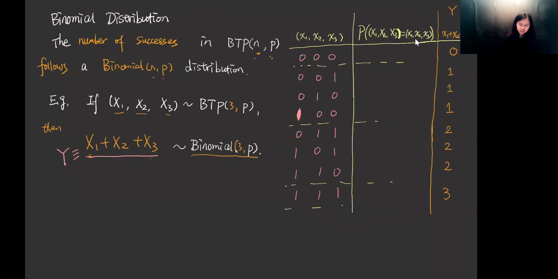On the previous page, we obtained that the probability that the Bernoulli process is 0, 0, 0 is 1 minus p to the power 3. And the probability of each of the outcomes with 1 success and 2 failures is 1 minus p to the power 2 times p.